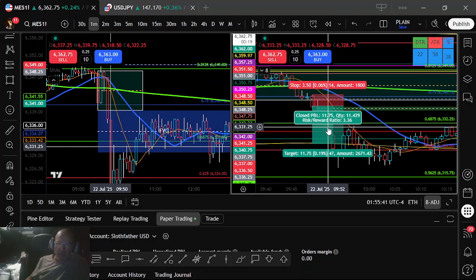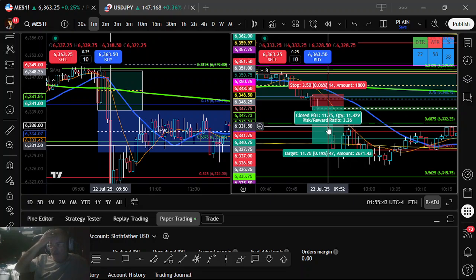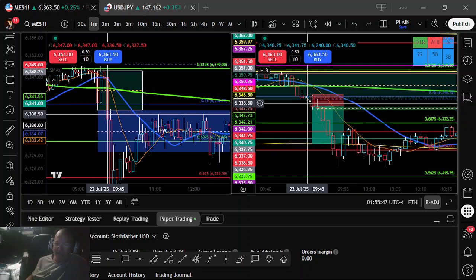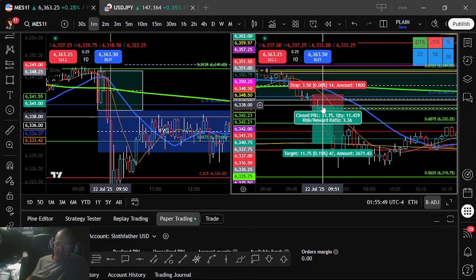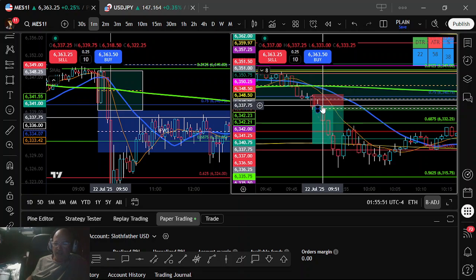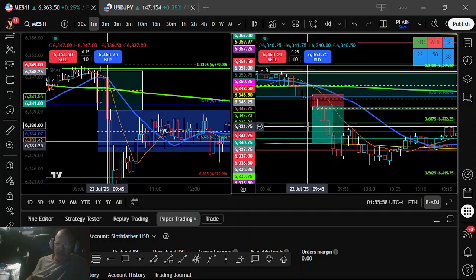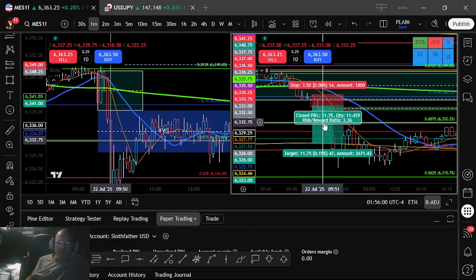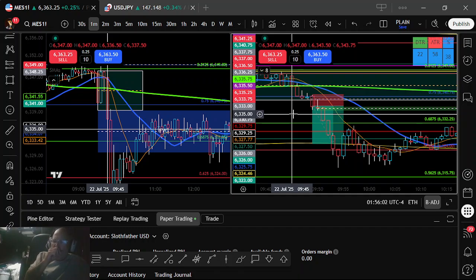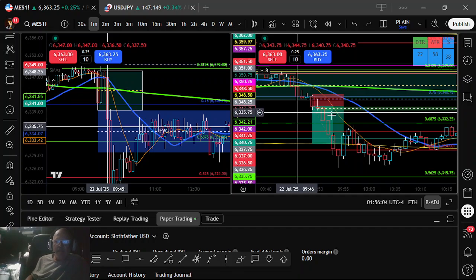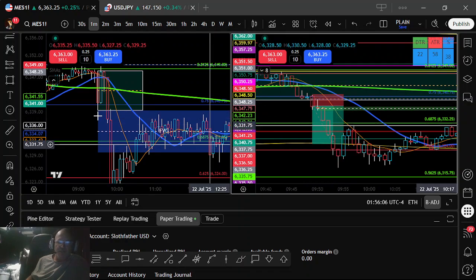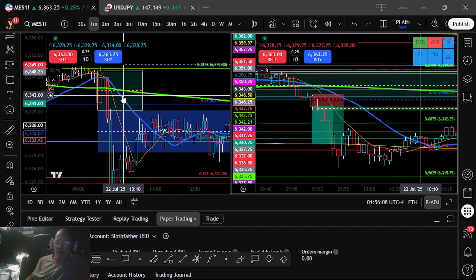So that was a little over $500 because I only had 10 micros on 1 mini instead of the full 2 minis that I normally would have. And the reason for that is I had already made $1,500.